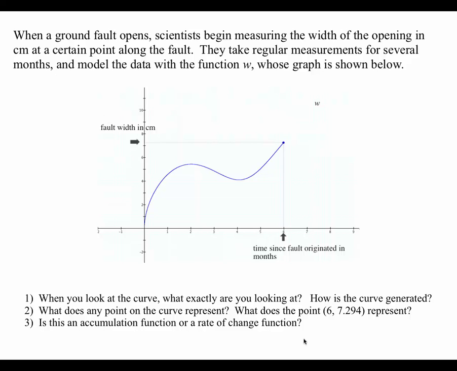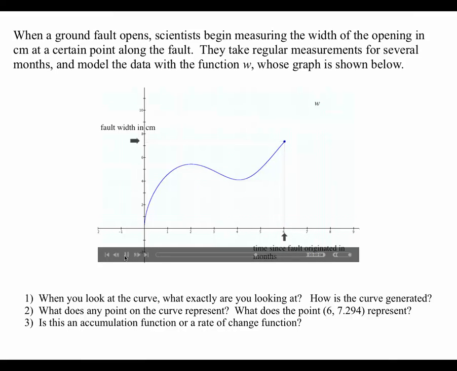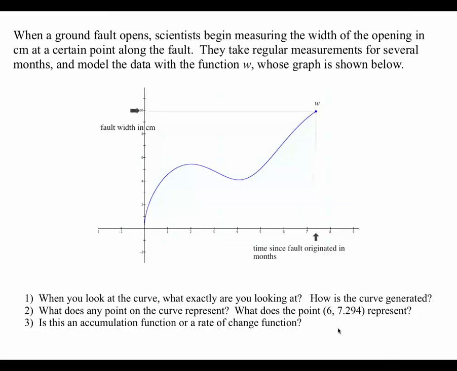Okay. He said after 6 months, since the fault opened, this was the width at that point in time, in centimeters. And so the curve is a whole lot of those points that represent a time and a corresponding width.